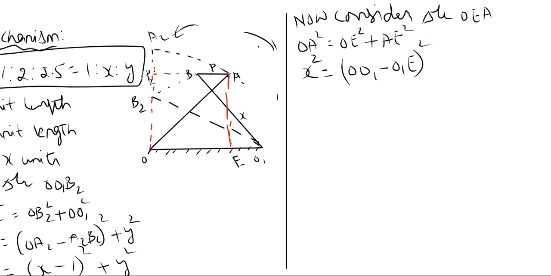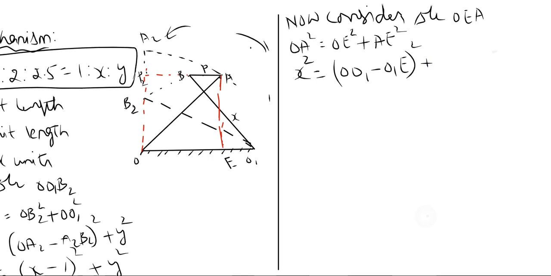Because in the figure we require only this distance OE. I am considering the total length OO1 minus O1E, subtracting O1E so that I get the OE value. So OE square is OO1 minus O1E, and similarly next plus AE square.